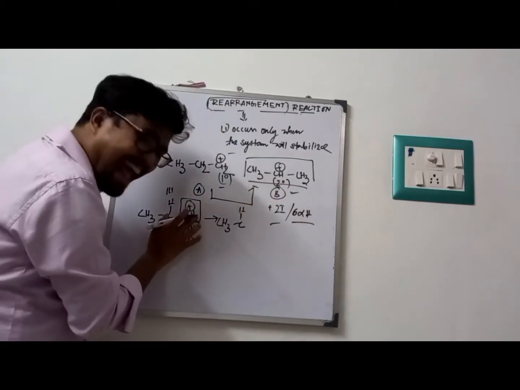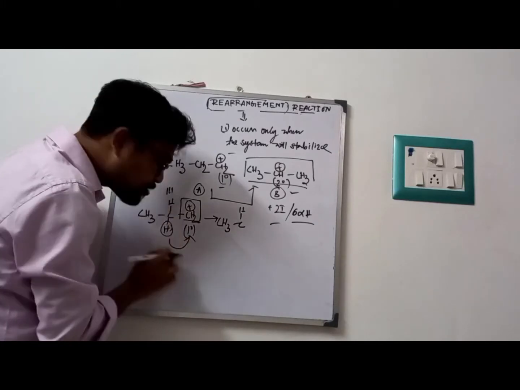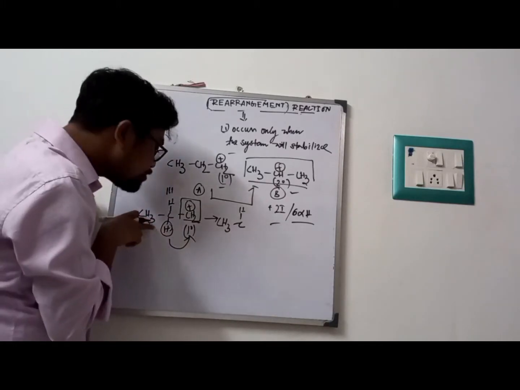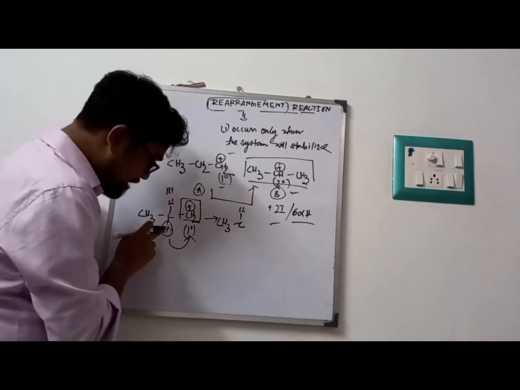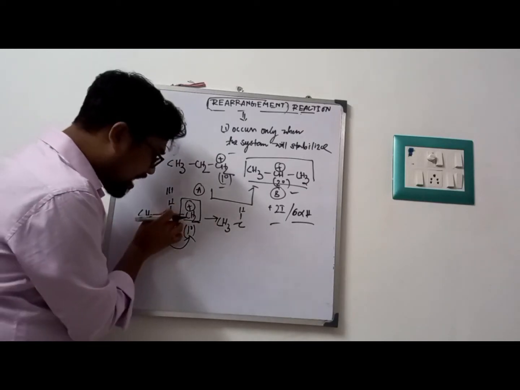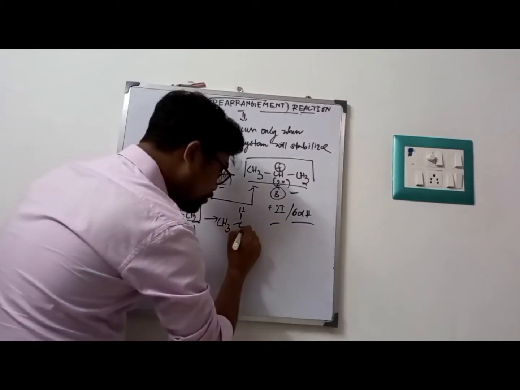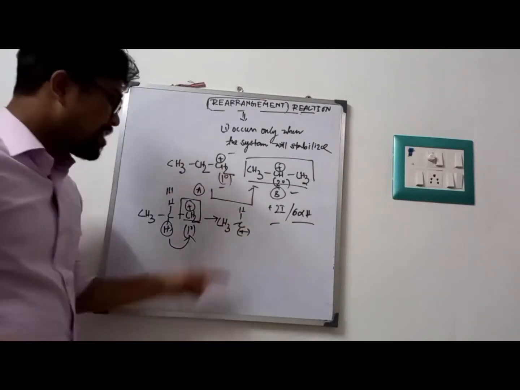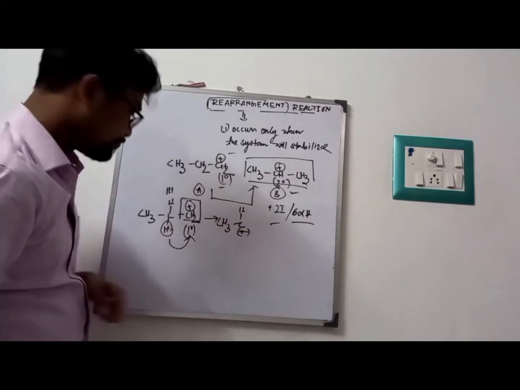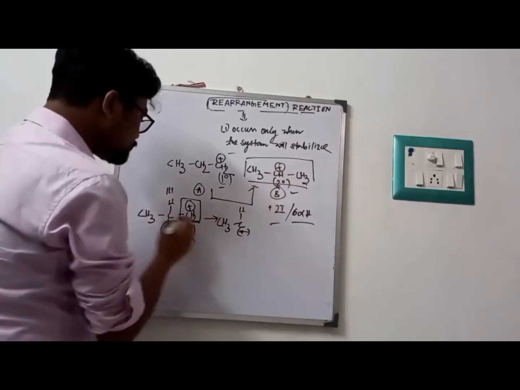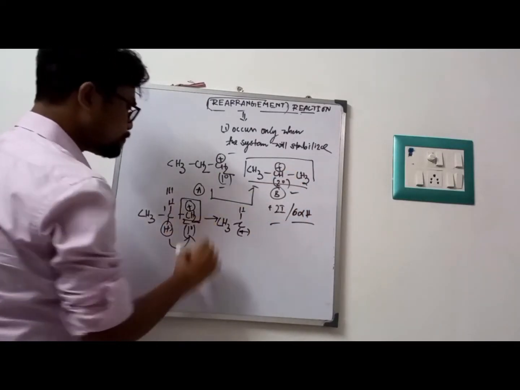It will go to that carbon with its electron density. If this hydrogen goes with its electron density, then the carbon becomes electron deficient, so the positive charge will come on this carbon. Suppose this is 1, this is number 2.